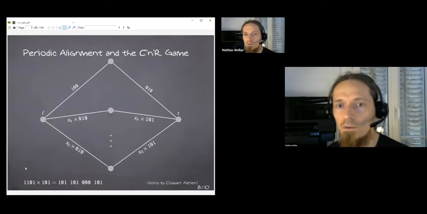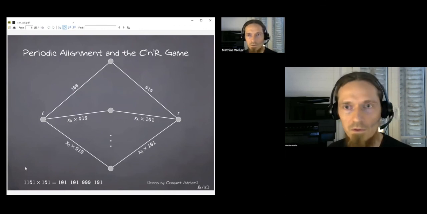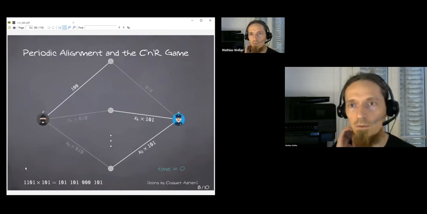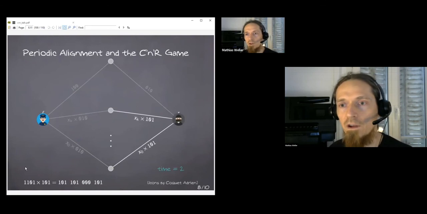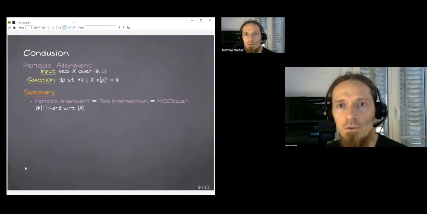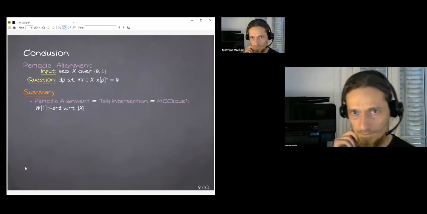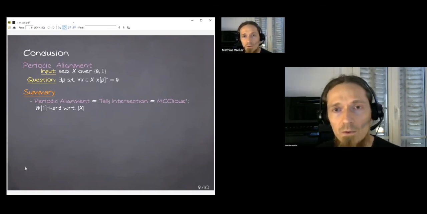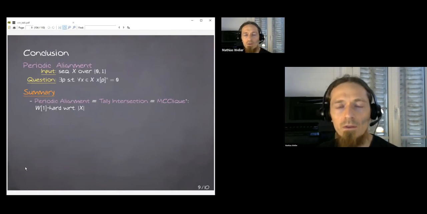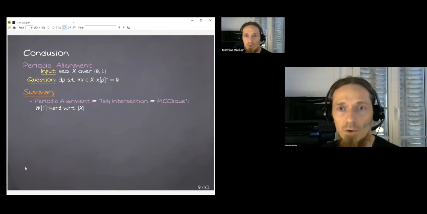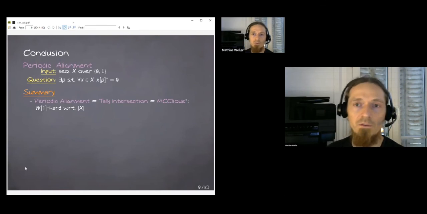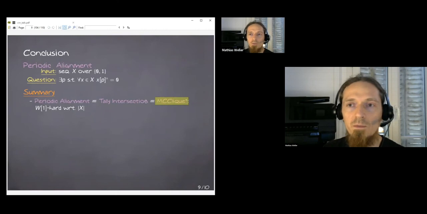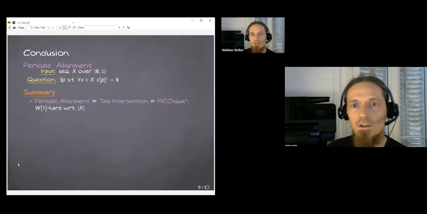We also have another reduction for this that has this particular layout, but I'm not going to go into details there. I'd much rather talk a little bit of conclusion, which is, we learned about this periodic alignment problem, which I find a funny problem, in particular because it's equivalent to this particularly funny version of multicolored clique.